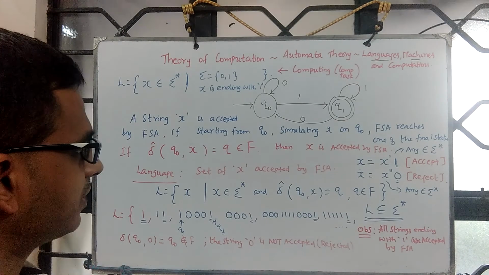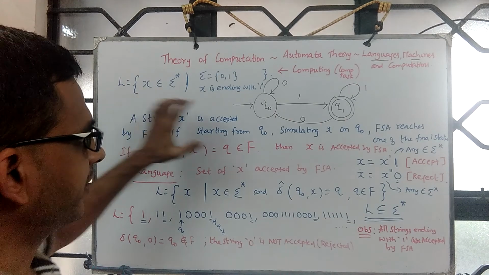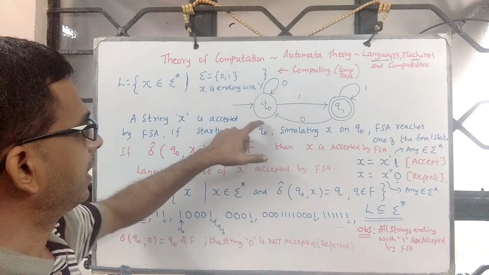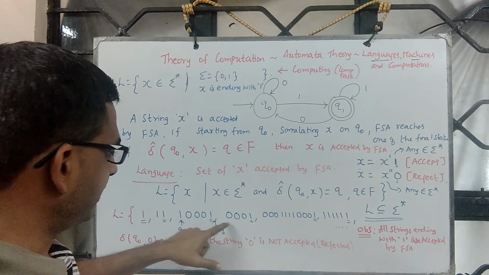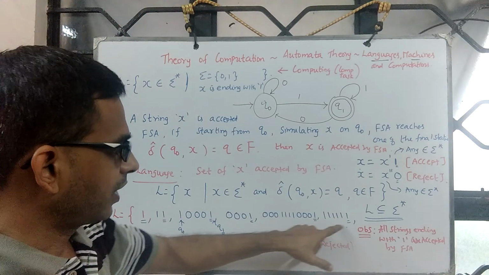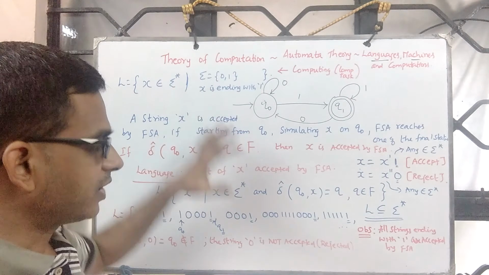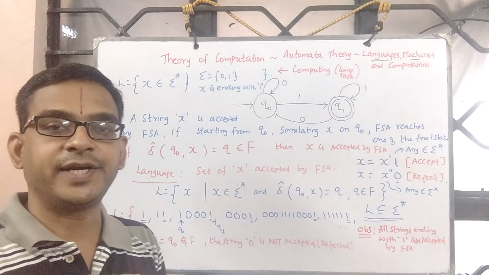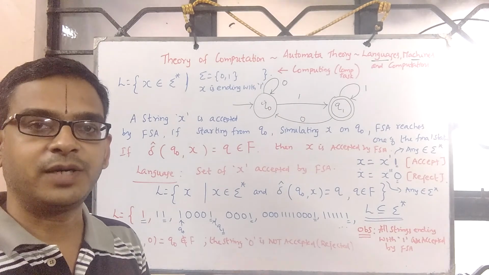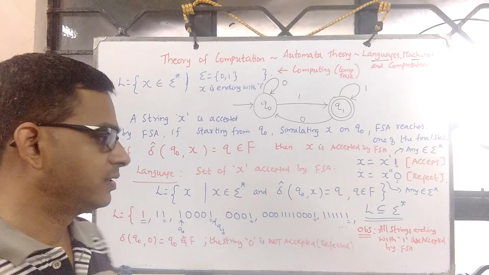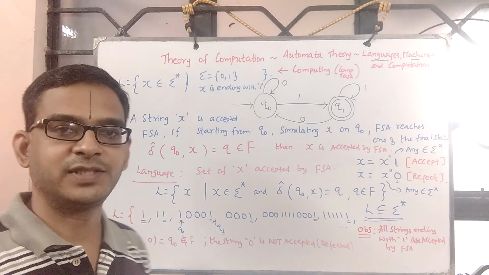This computational task can be carried out by this machine, and this is a pattern, all strings ending with 1. Like this, what all patterns can a finite automaton recognize, and what patterns can it not? Things like this we shall explore.